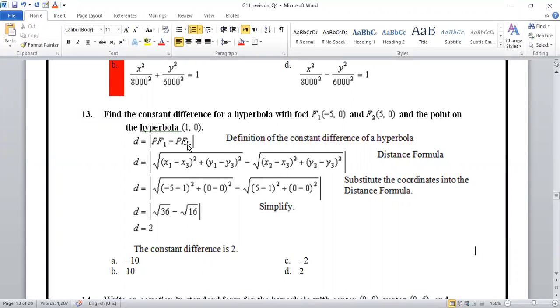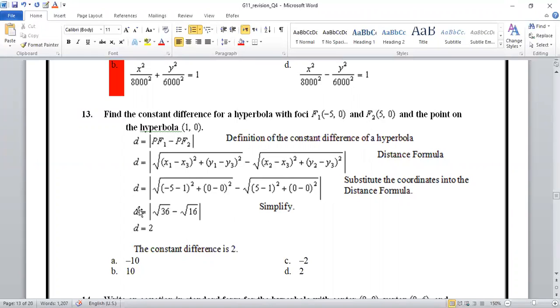And BF2, the distance from this point to the second focus, equals the square root of (5 minus 1) squared plus (0 minus 0) squared.